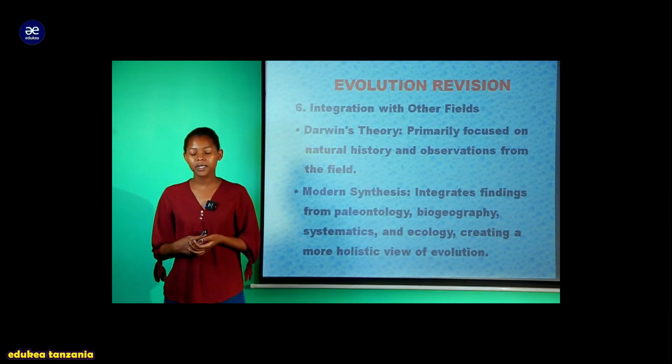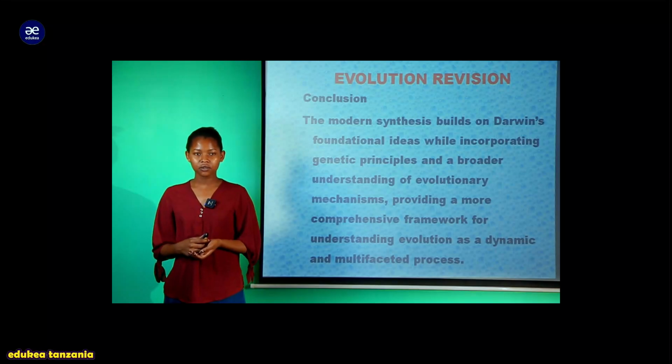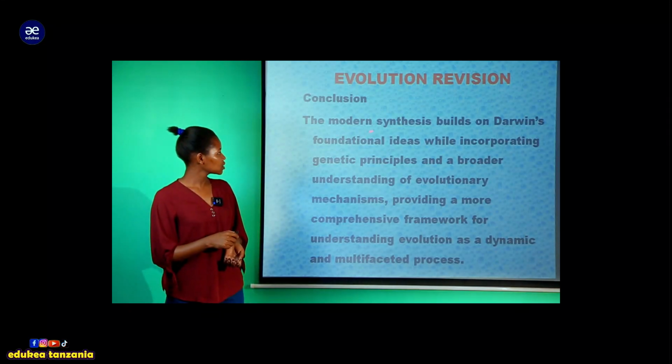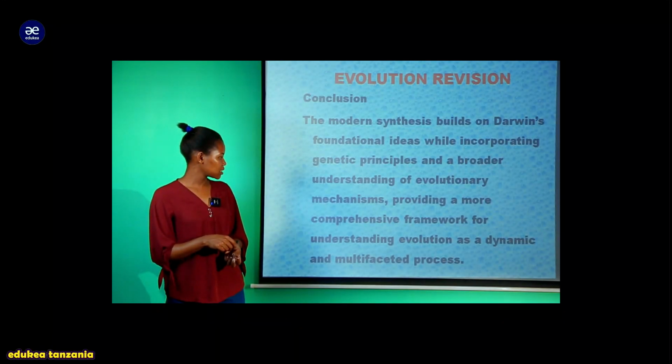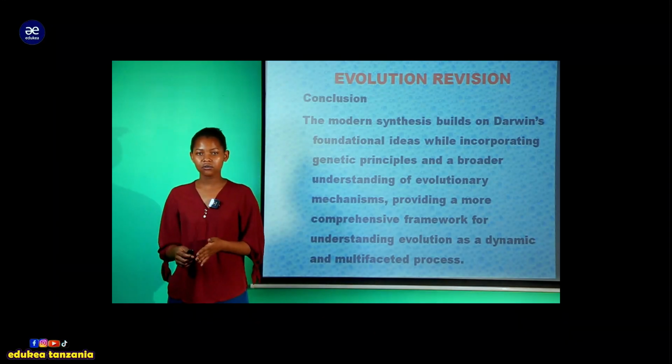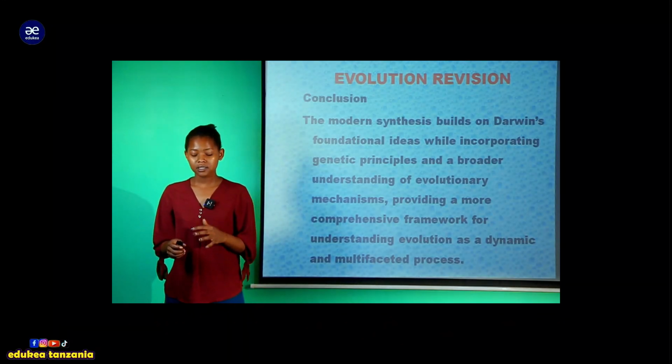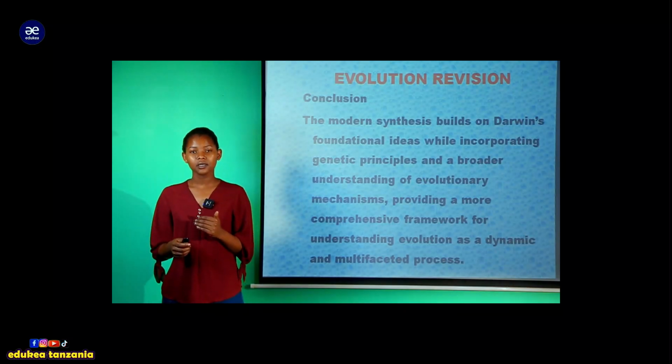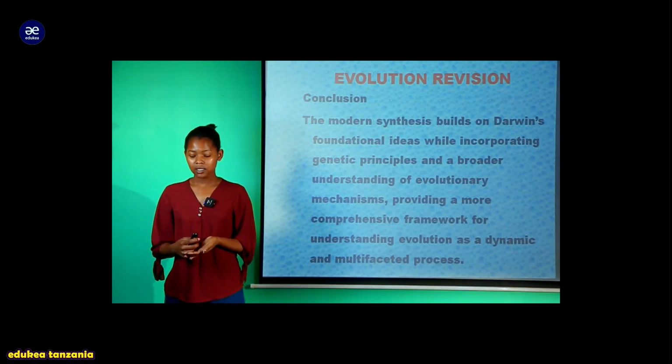And in conclusion, the modern synthesis builds on Darwin's foundational ideas while incorporating genetic principles and a broader understanding of evolutionary mechanisms, providing a more comprehensive framework for evolution. So modern synthesis theory came from Darwin's theory and could be explained better from the foundations of Darwin's theory.